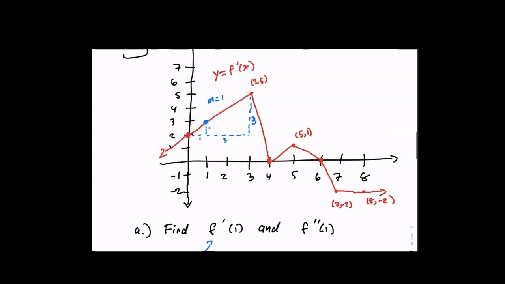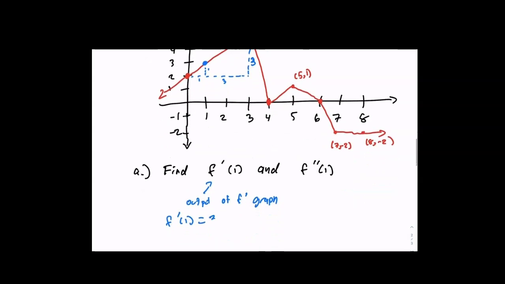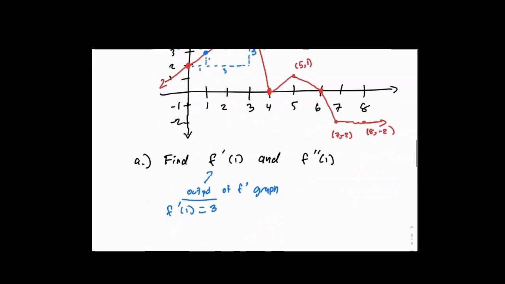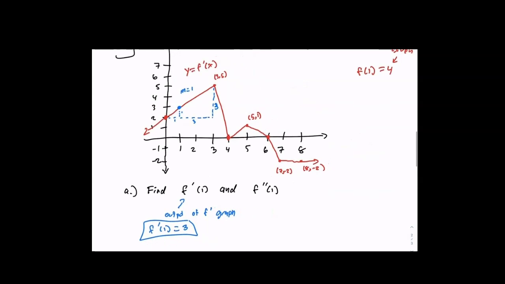This is the graph of f prime. f prime of 1 is 3. This is the graph of f prime, people. So the outputs of this graph are the outputs of f prime.